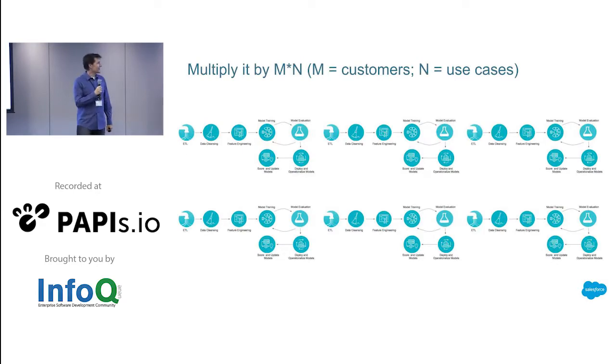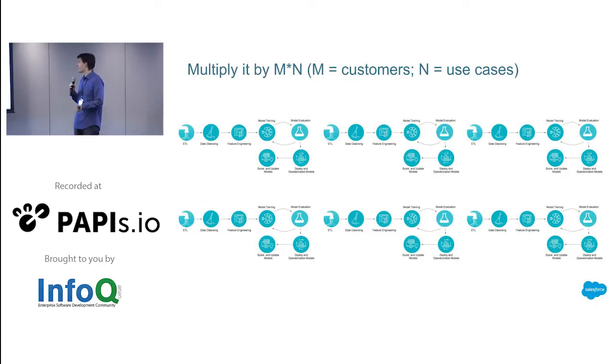So the extra problem that we face at Salesforce is that we are developing machine learning applications for our own customers' use cases. So we're not doing this on our internal data only, we're doing this on our customers' data, which they own, they are in charge of, they customize very, very heavily. And each customer might have many different use cases that they want to use machine learning.